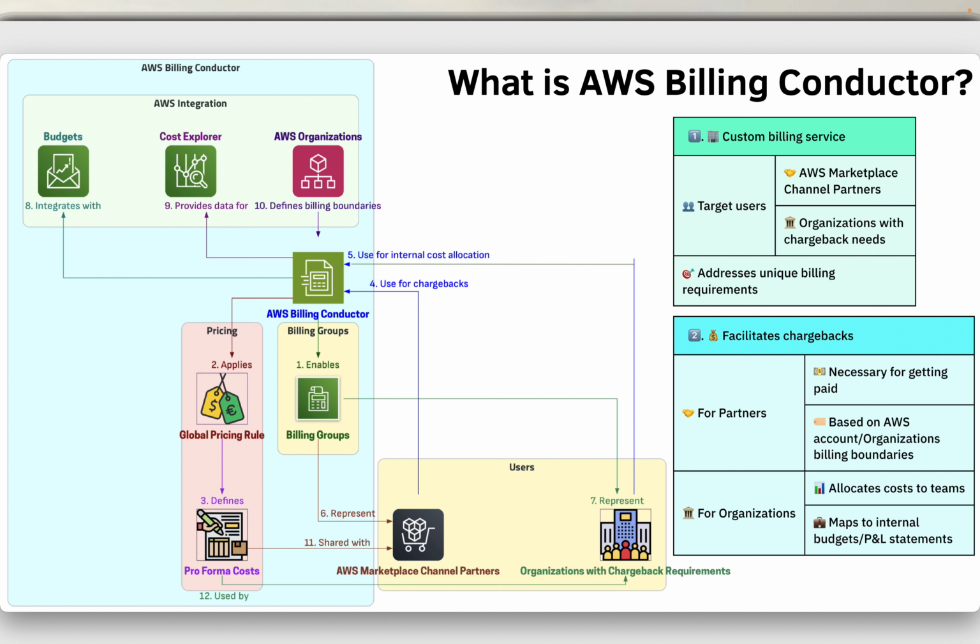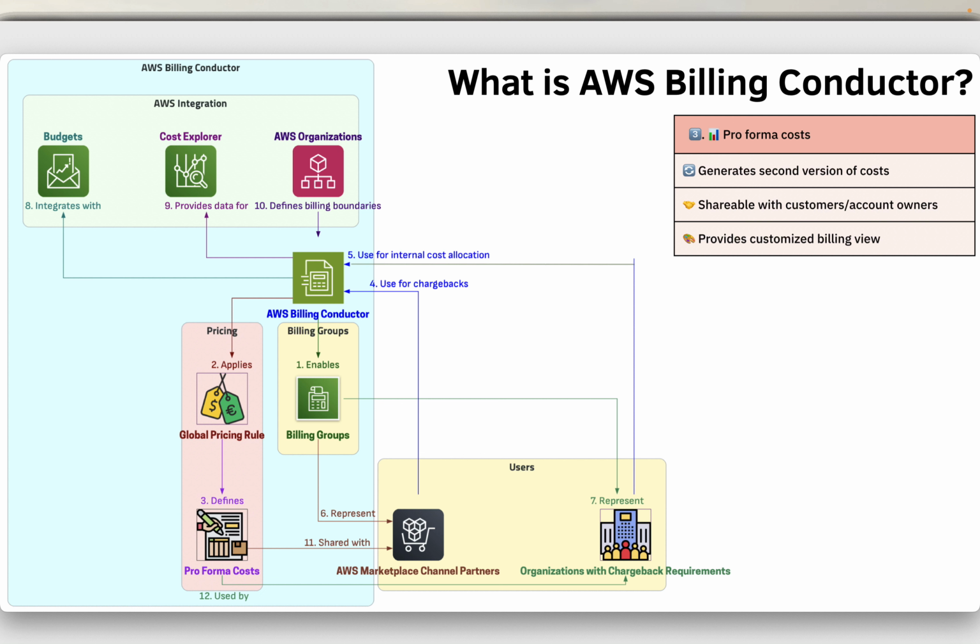These chargebacks are based on AWS account or AWS organization's billing boundaries. For organizations, chargeback activities help in allocating cost of specific teams, for example, a group of accounts, to the appropriate internal budget or profit and loss (P&L) statement.